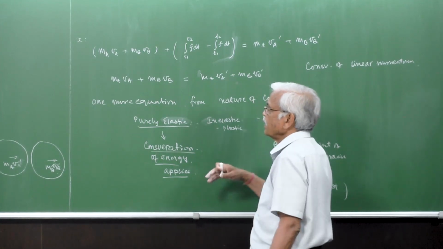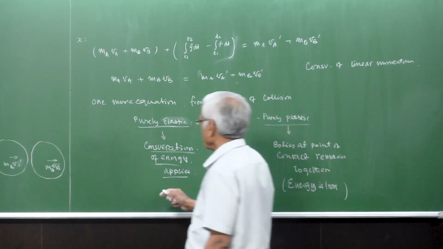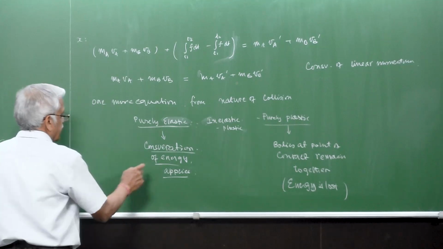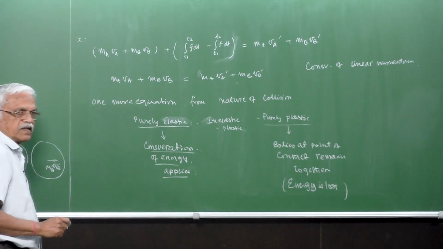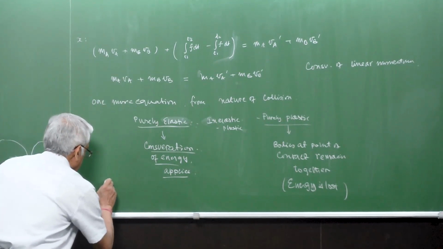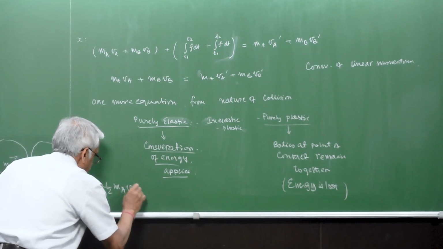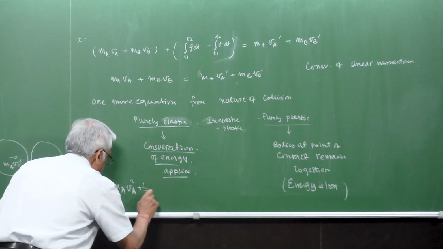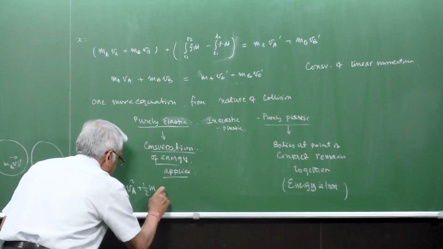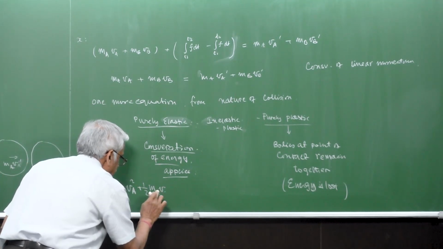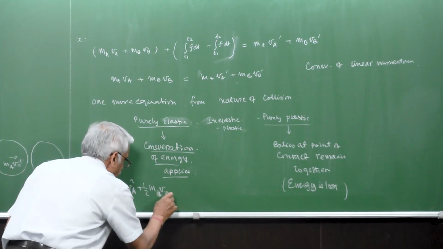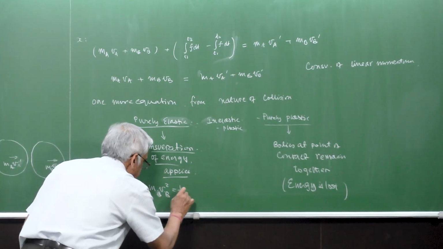If it is a purely elastic case, then what is the equation? It is half m_A v_A squared plus half m_B v_B squared, the same before and after.